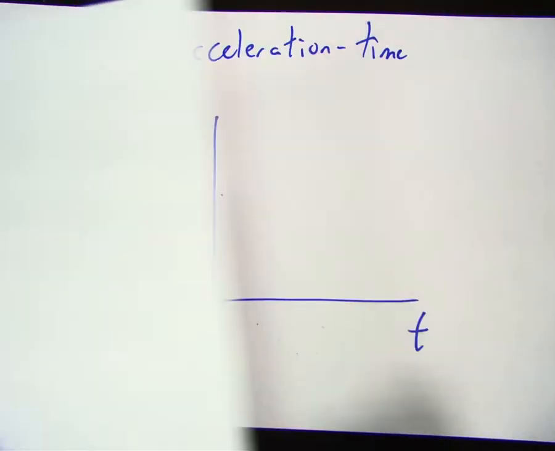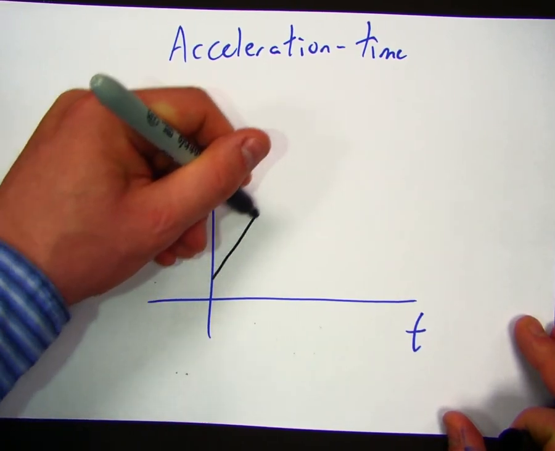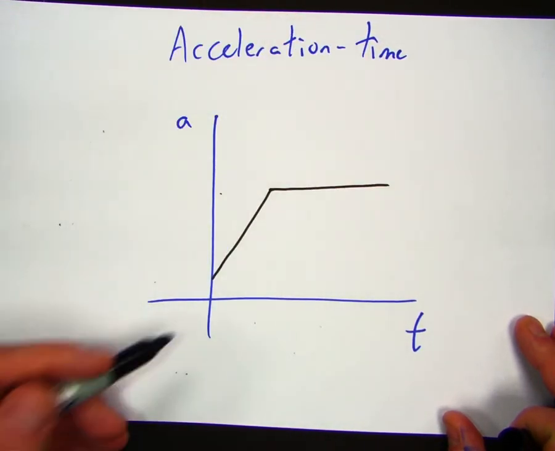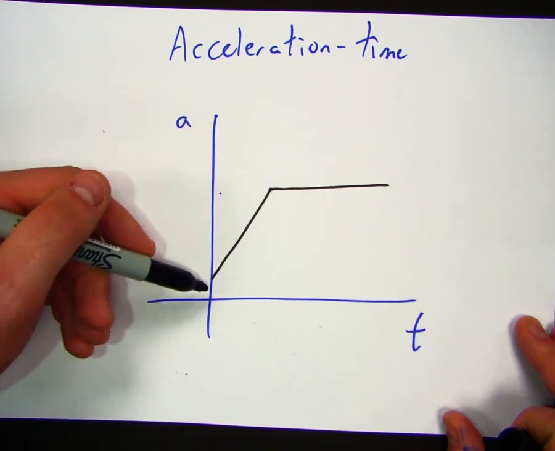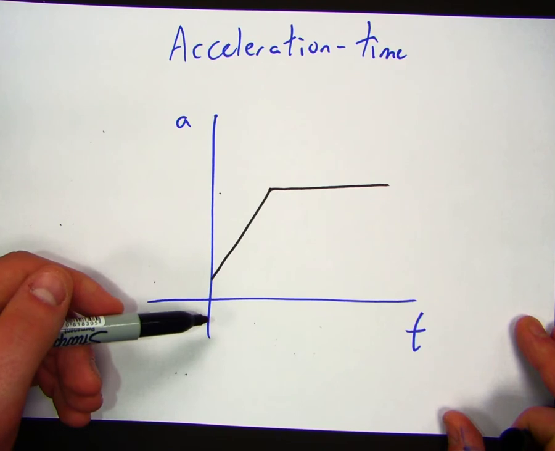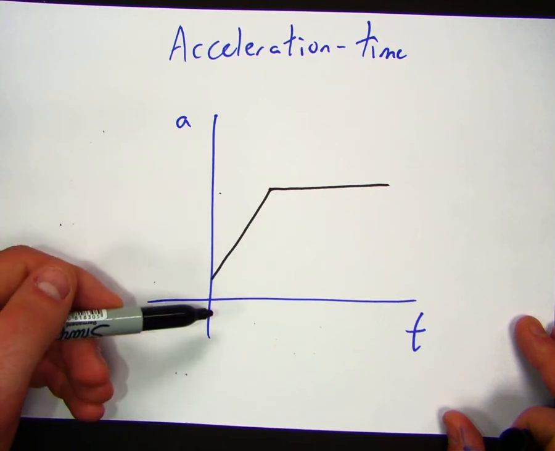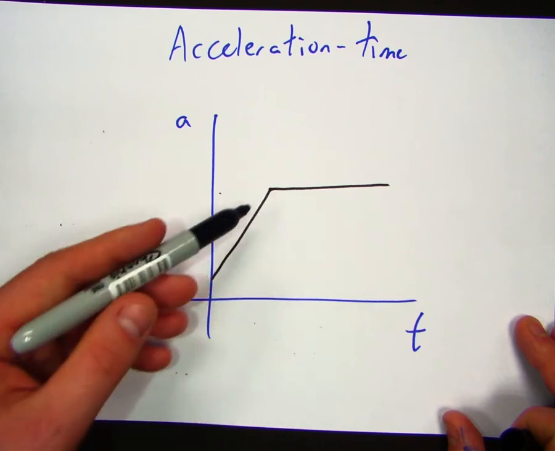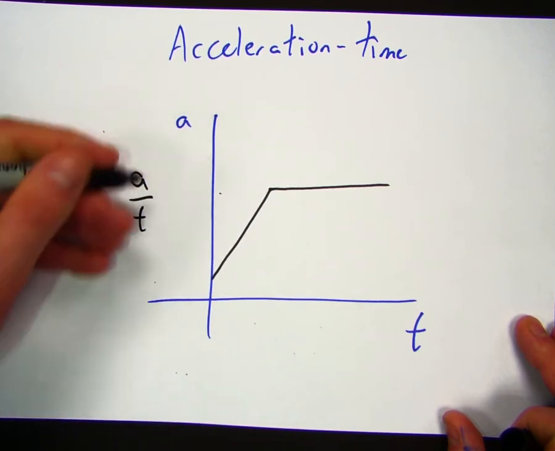The last type of graph here is something called an acceleration time graph. Say a graph like this. You probably won't be dealing with this very often in AP B, because we have a changing acceleration here. Often this involves calculus to solve certain things. But just so you're aware, the slope here would be change in a over t.